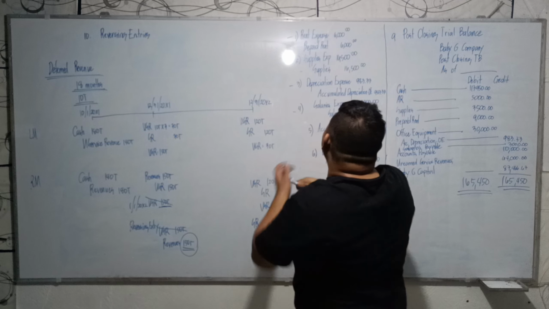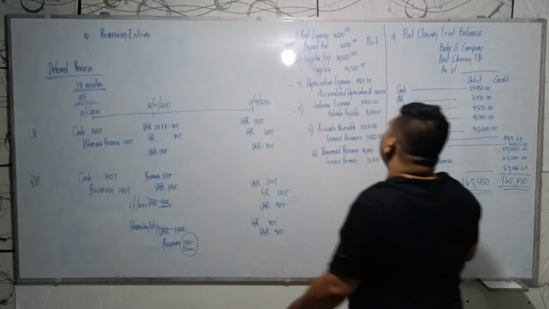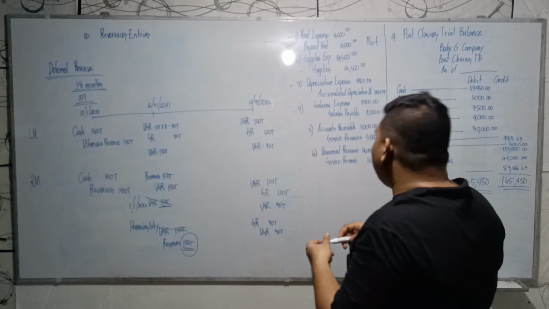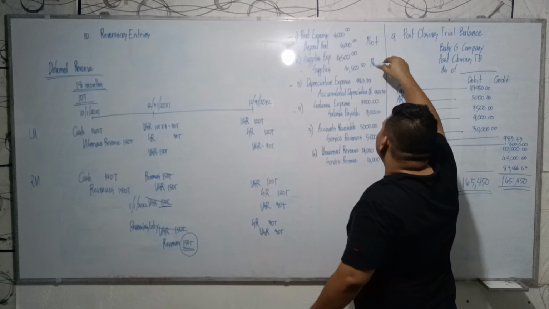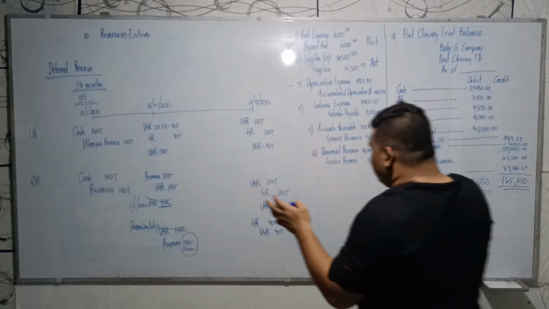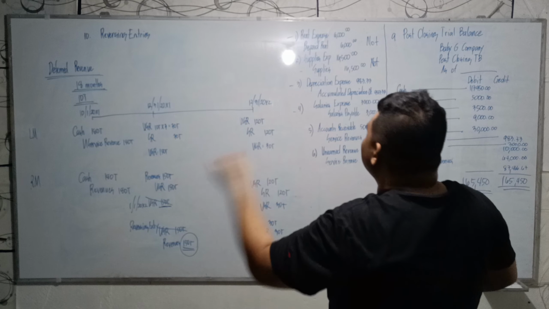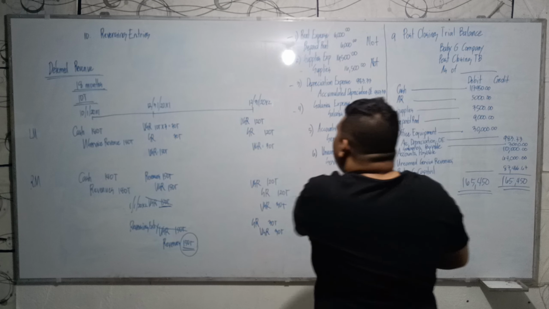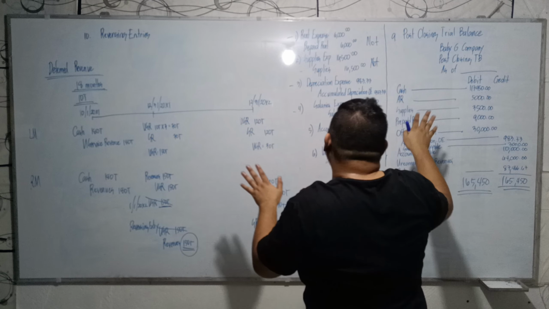So this will not be reversed. Of course, the number 2, the supplies, is the same with number 1, not to be reversed. Because the supplies, if you can still remember our comprehensive problem, is recognized first as an asset, and then we recognize the expired portion at the end of the year, which is this one. So it's not to be reversed.